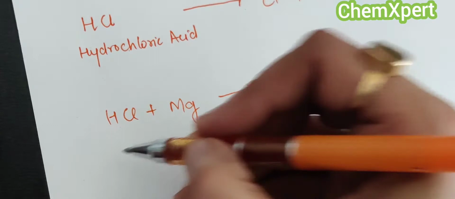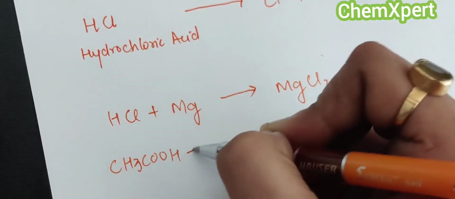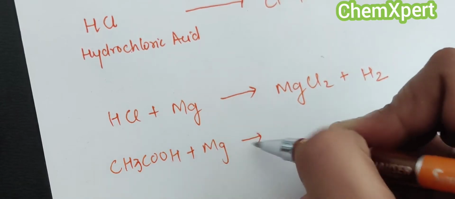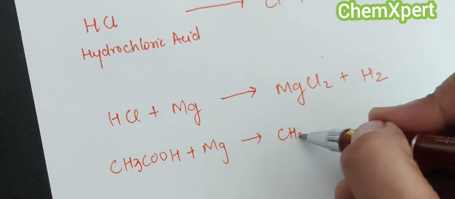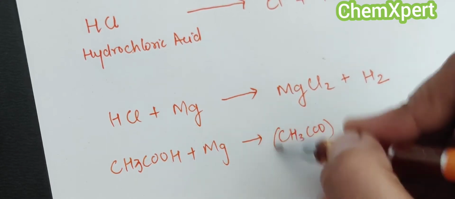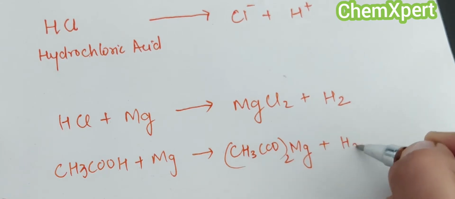Now in the second case, with CH3COOH, it again forms the magnesium salt of the acetate ion, that is (CH3COO)2Mg, plus hydrogen gas.